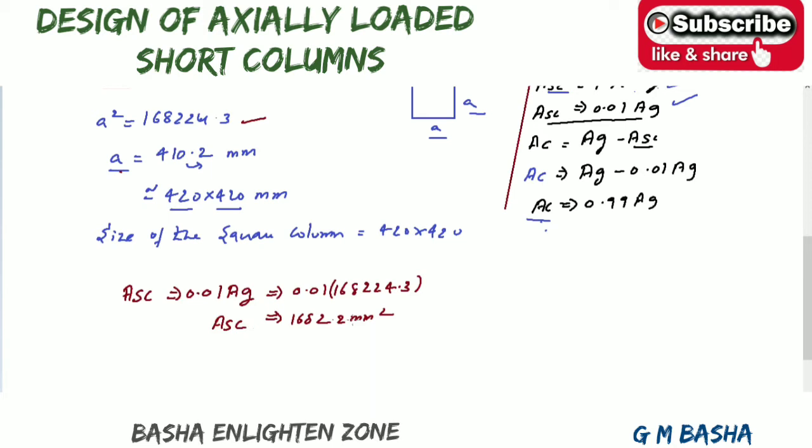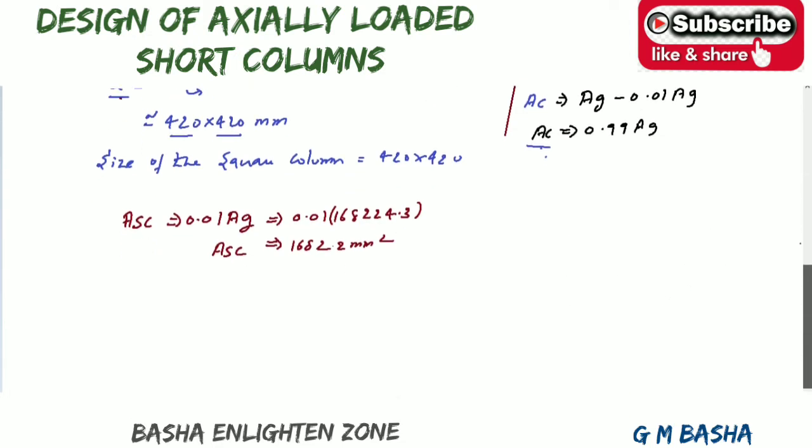For this one we have to provide the number of bars, dia bars. See here, based on this area, that is 1682.2 mm square, we are going for the trial section.